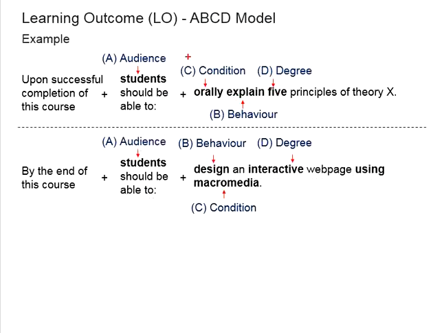With that, the conditions and the behavior fulfill the requirement. It is easy for us to distinguish whether the students are doing the explanations or not, and also whether the students are explaining verbally or in writing.